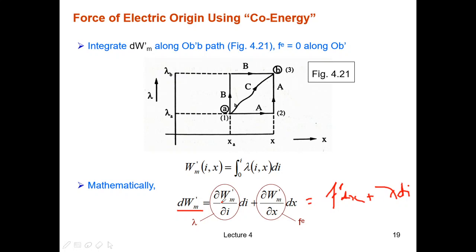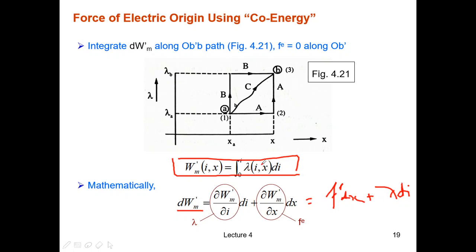The final problem we might have here is how to calculate this one. We apply a similar method to what we did for Wm, and we can finally prove that we can do this directly from lambda as a function of I and x.